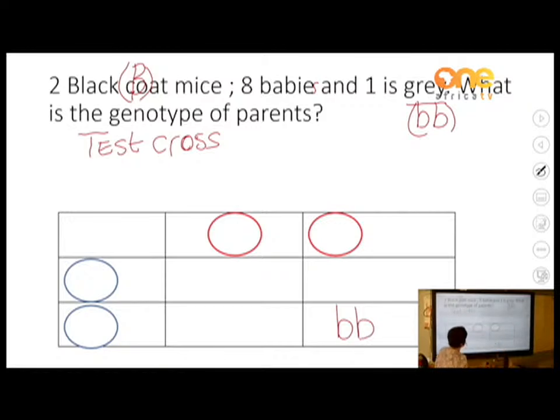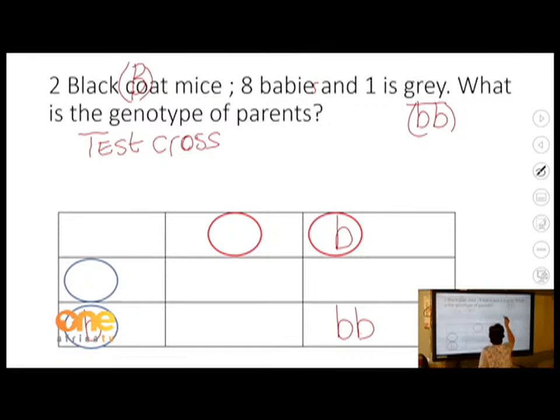This is telling me that from this parent, this baby inherits a small b, and from this parent, the baby inherits a small b. You agree? That is how I will start. If there is one grey baby, there must be a small b from both parents.